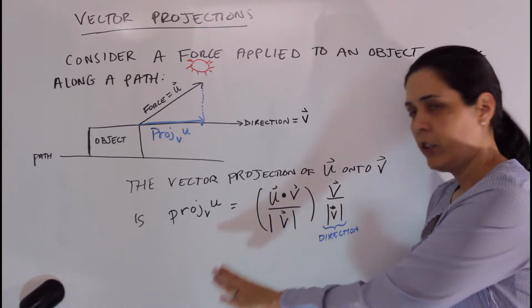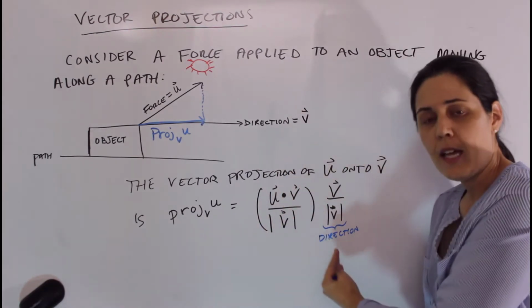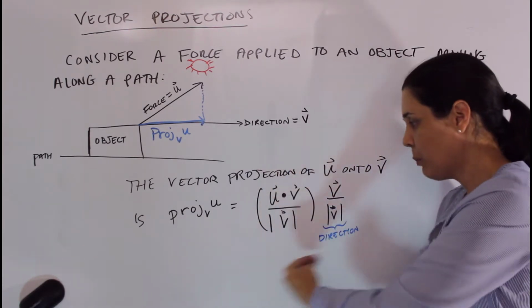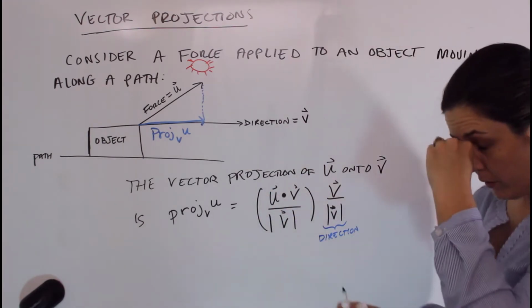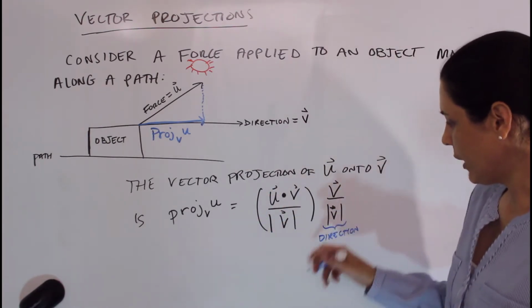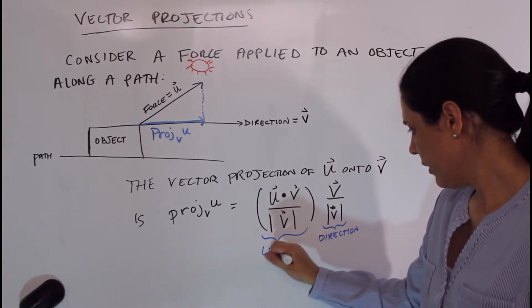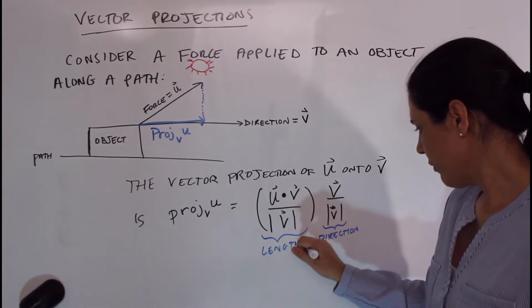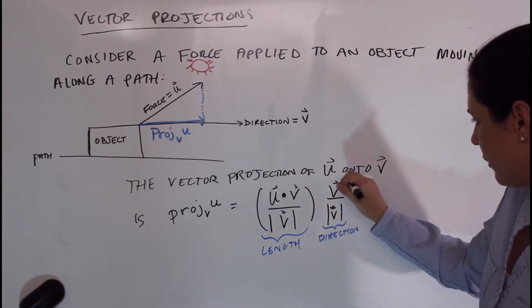And then any vector can be written as a product of its length and direction. So that means that this part is actually the length or magnitude in this direction. So this is the length of our projection vector.